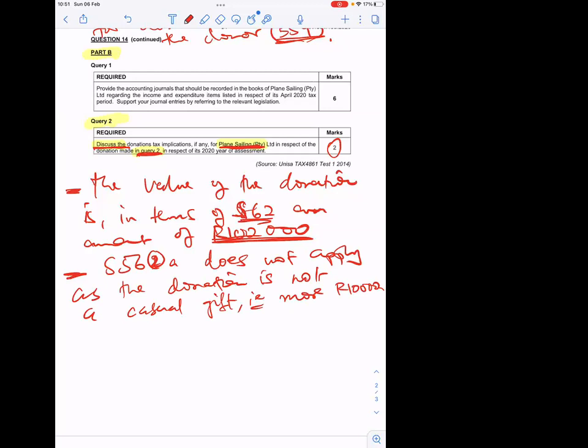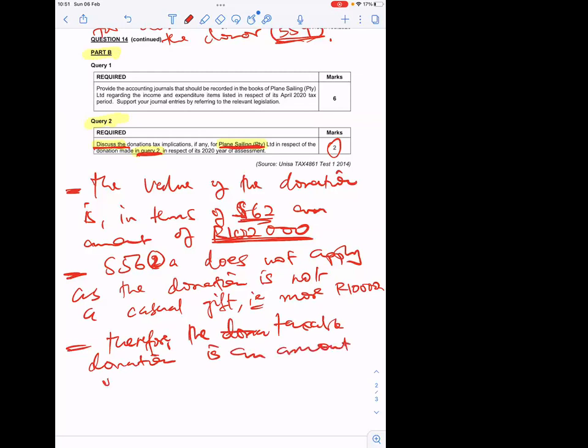I'm moving with my framework. So because there shall be no exemption, it means that the taxable donation is an amount of 100,000. Right, I'm now on the taxable donation part of it.